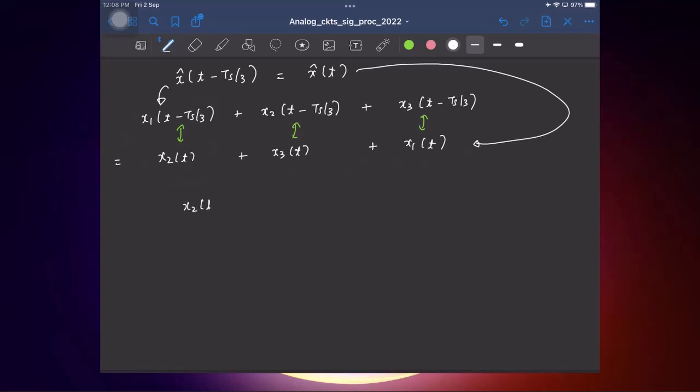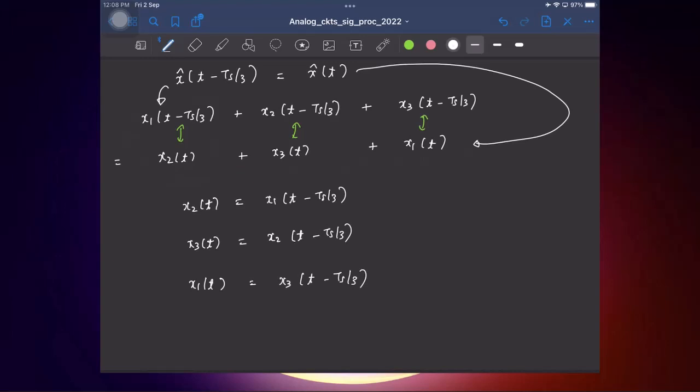So what I say is x2 of t is x1 of t minus ts by 3, x3 of t is x2 of t minus ts by 3, and x1 of t is, okay.